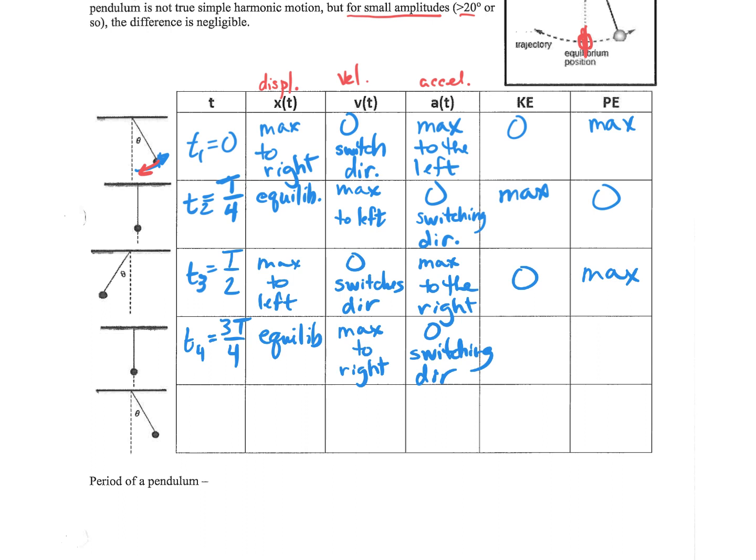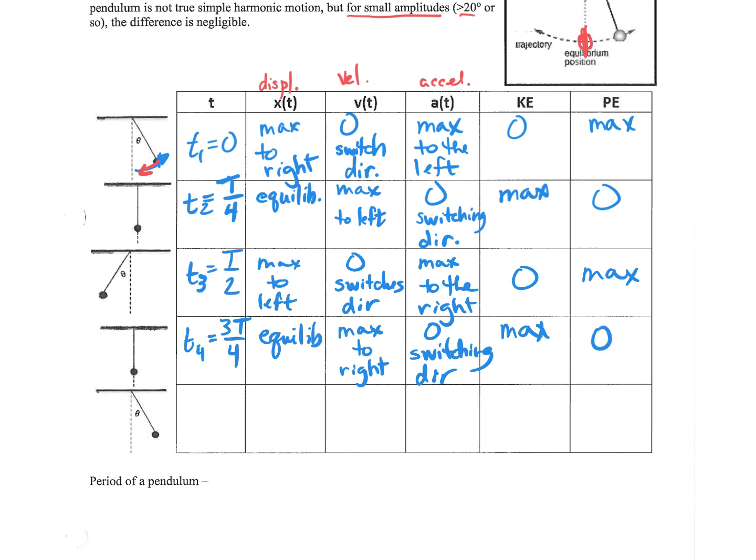Okay? At the very bottom, at equilibrium, what do you notice about the kinetic energy at the equilibrium point? It's at a max because it's going fastest there. What about the potential energy at the bottom? 0. Yep.